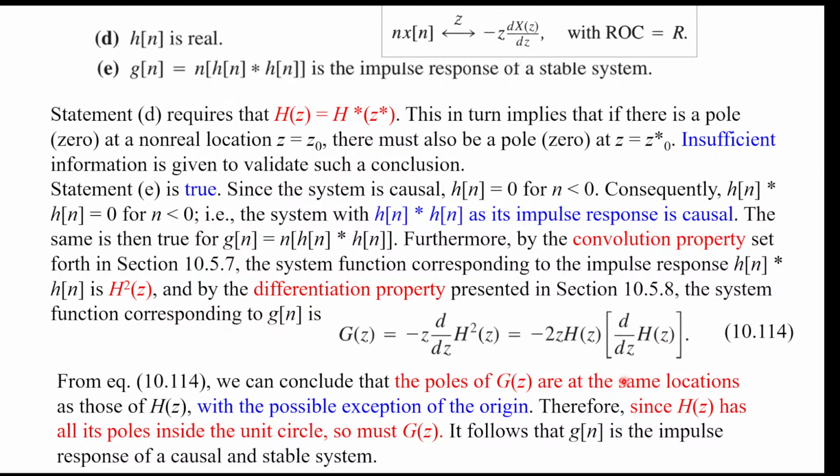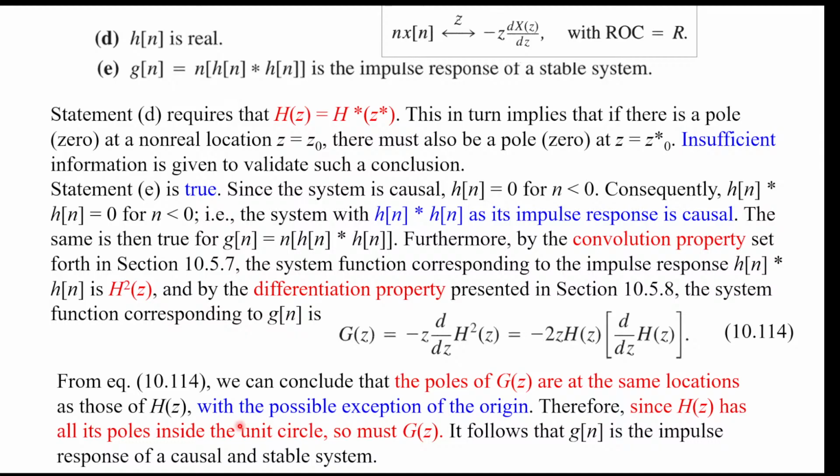Finally, you multiply with z, and z is 0 at z equal to 0, so at most you can remove a pole at 0.